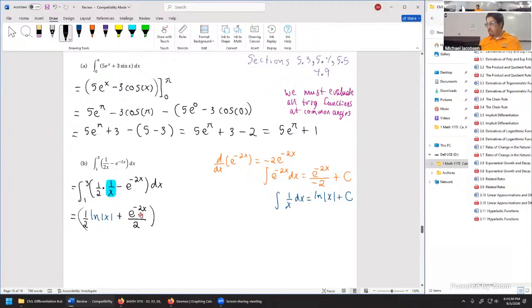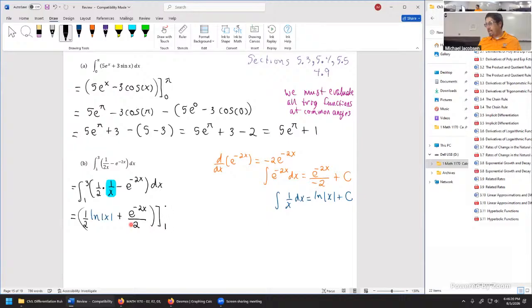If you differentiate all this, derivative of e to the power of negative 2x is a negative 2 e to the power of negative 2x, which means a negative 2 comes in front, 2 over 2 cancels, and we keep that negative sign right where it is. So if you can differentiate that and get the prior answer right above and the right sign, you're home free on that one. That's the right and complete antiderivative on that term there.